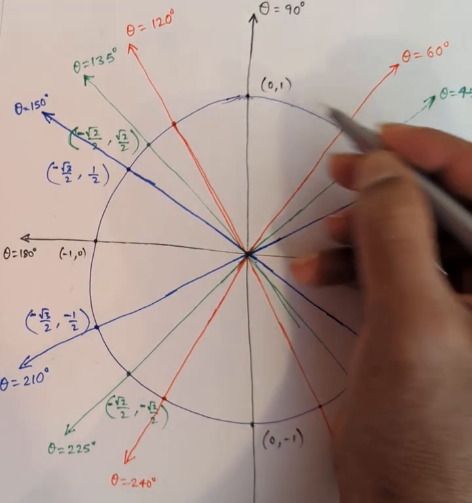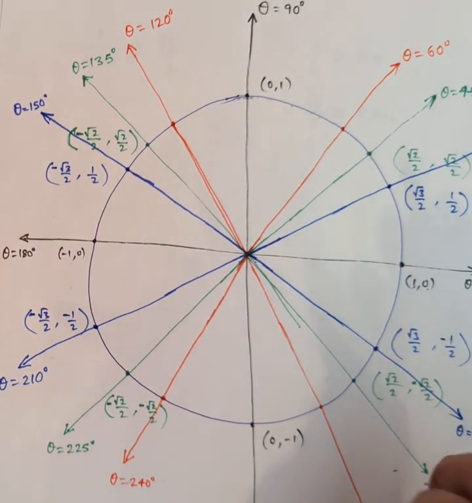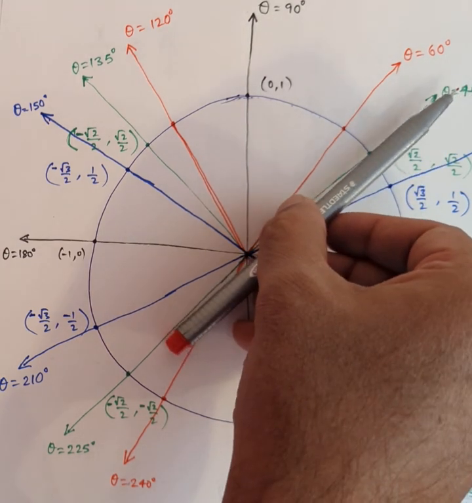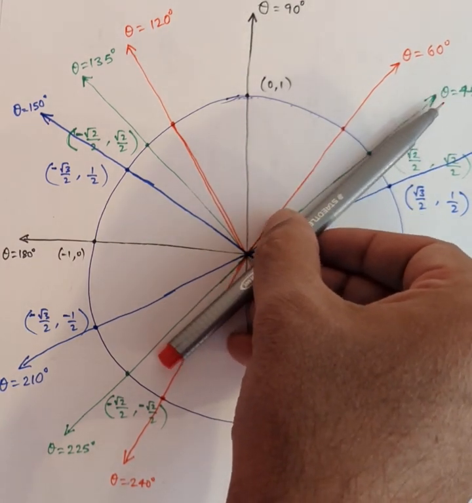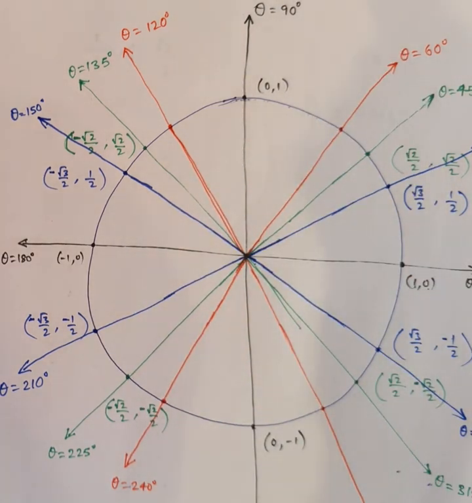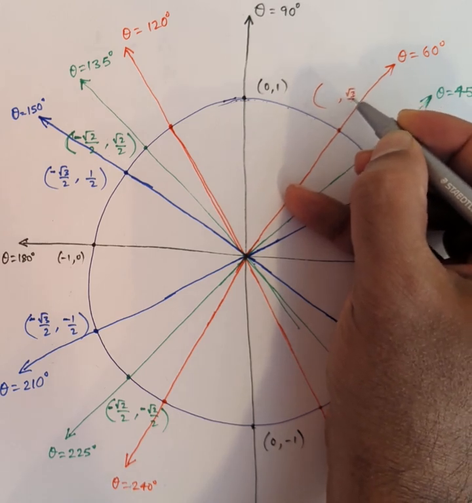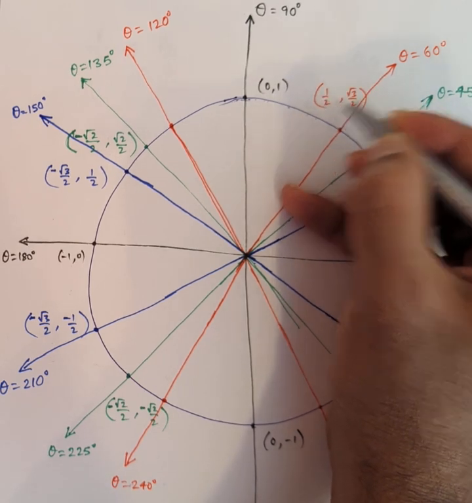So this time it's y which is going to be bigger because this point is closer to the y-axis. We have rotated this green arrow closer to the y-axis in the direction of y. So let me write down y has to be big, so root 3 over 2 there and half.